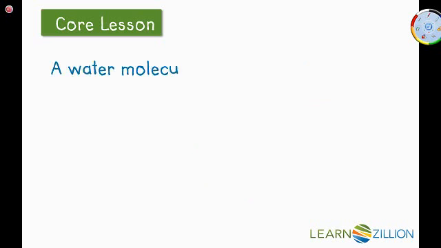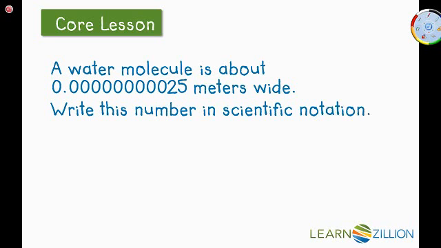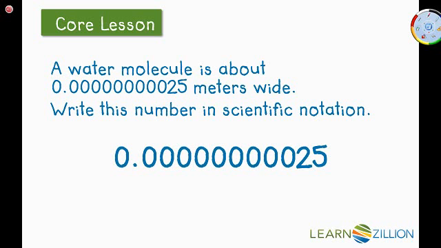All right. Now what about if we have small numbers? I told you a water molecule is about 0.0000000025 meters wide. Oh my gosh, that's so small. So let's see if we can write this number in scientific notation. Are you ready? Let's start with our number, 0.0000000025.